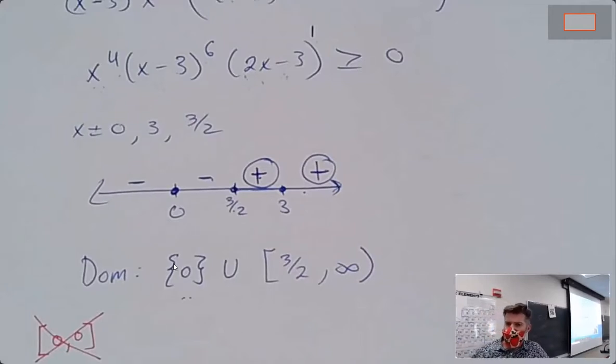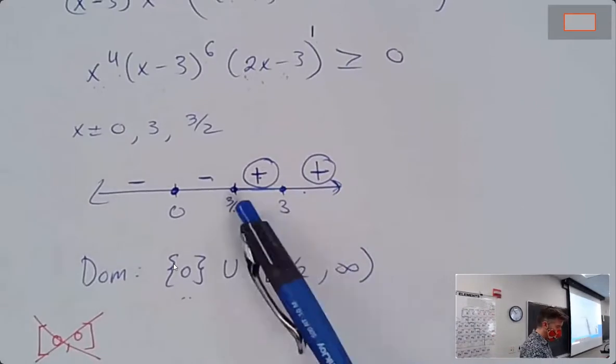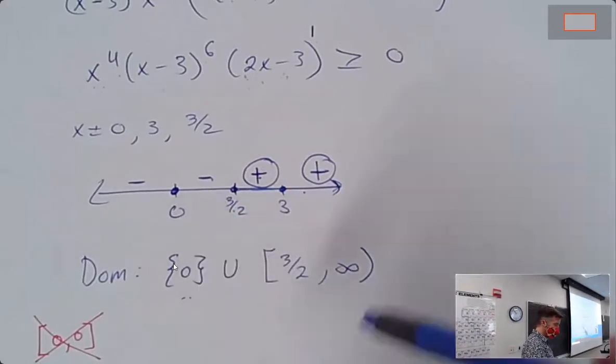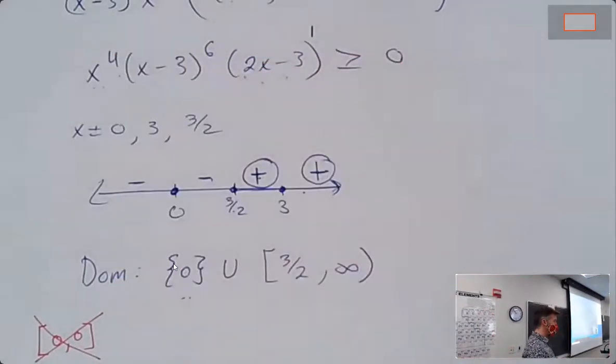To clarify, did you say that there is one more x-intercept than what you get? I believe what I said is you always have one more interval than the number of x-intercepts, or I should say the number of zeros. This one had 3 values that made the expression equal to 0, and we have 1, 2, 3, 4 distinct intervals.